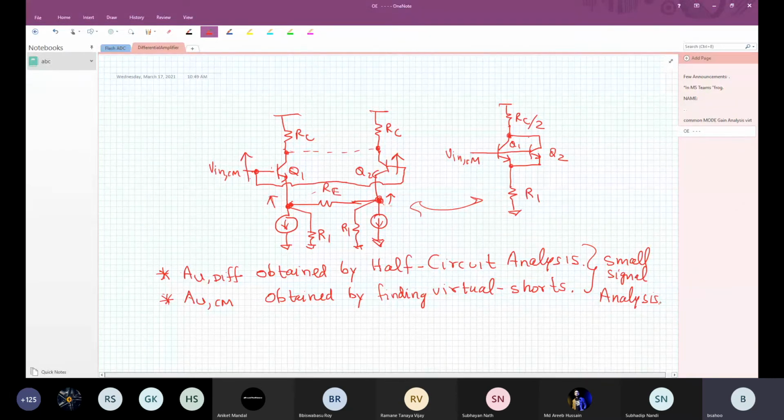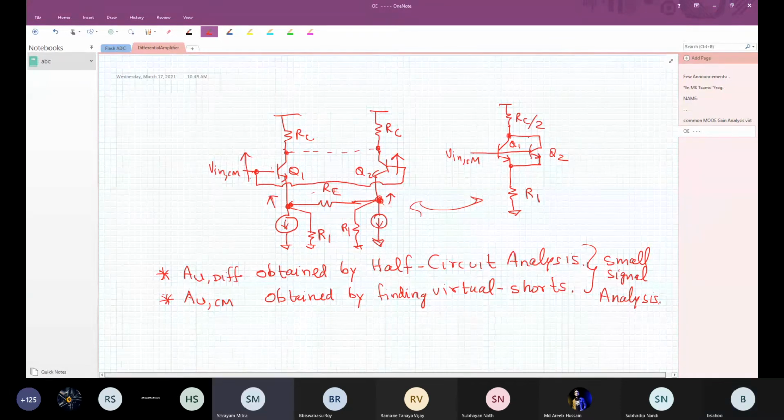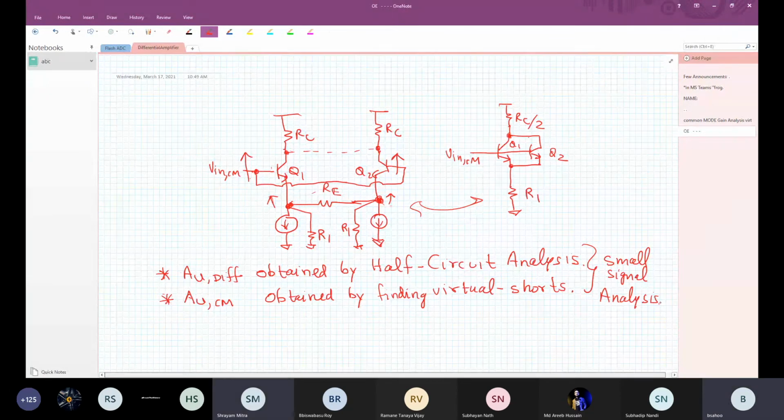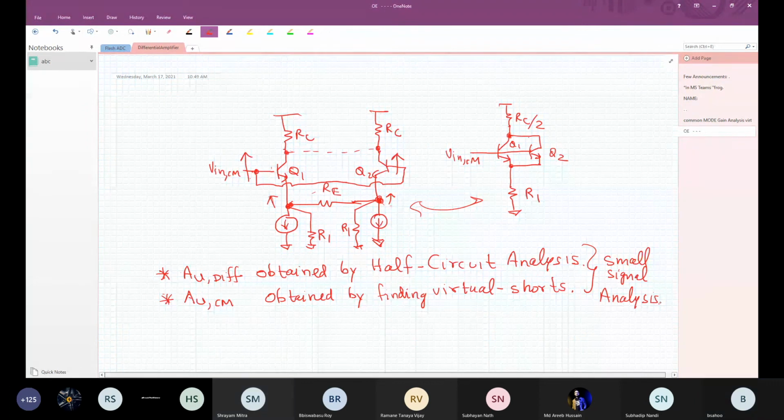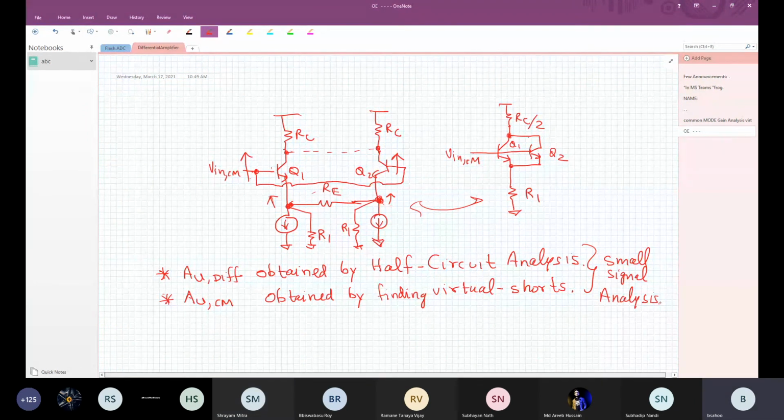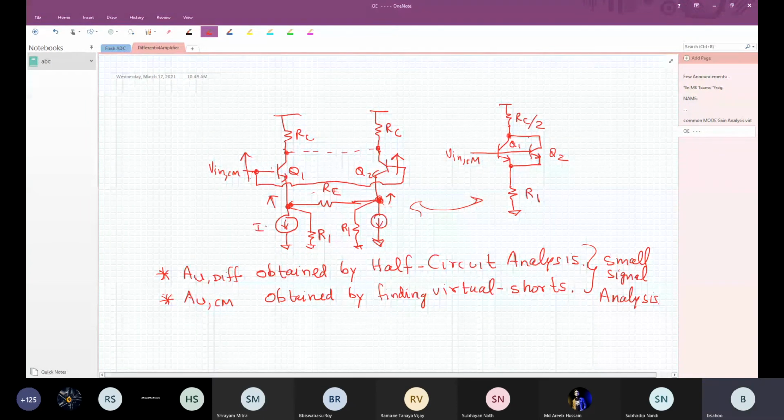Any questions? So why isn't it R1 by 2? How will it be R1 by 2? Each is independent, right? I have IE here, IE by 2. Why will it be R1 by 2?